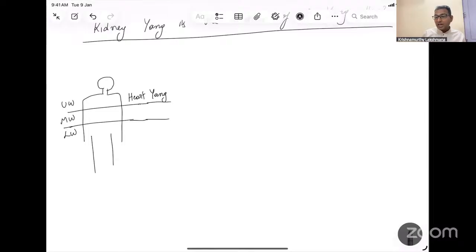And in the middle, we have spleen yang. And in the lower warmer, we have kidney yang. Any other yang we have apart from this? So these are the three main yangs.